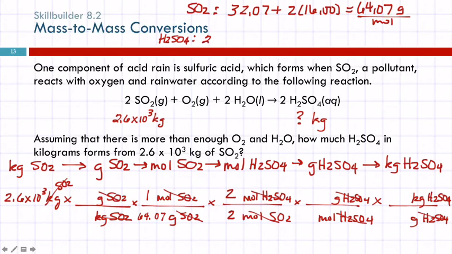So that's 2 times the mass of hydrogen plus the mass of sulfur plus 4 times the mass of oxygen, 98.086 grams per mole. So that's going to go in here, because this is where I have grams of H2SO4 to moles of H2SO4. So I put it with the grams.